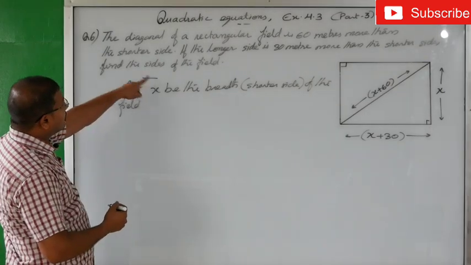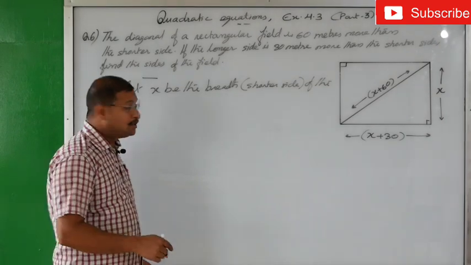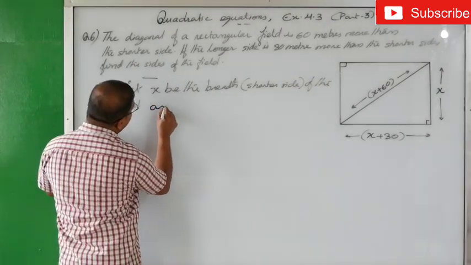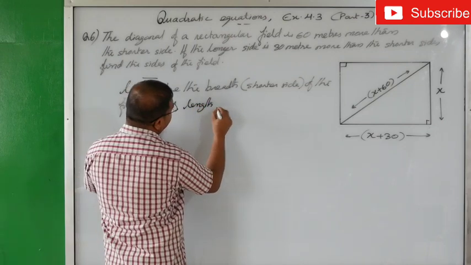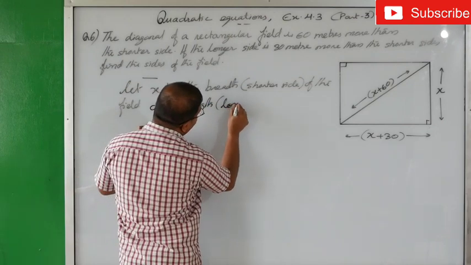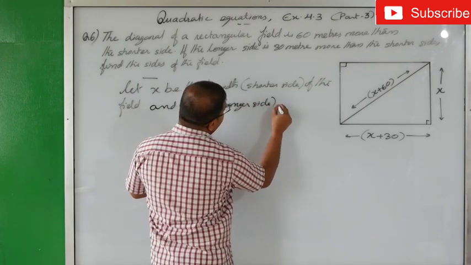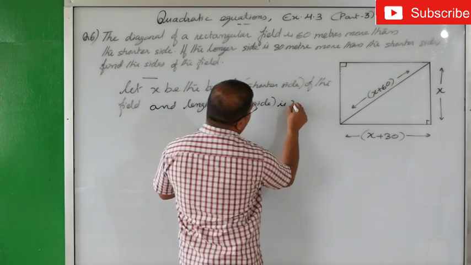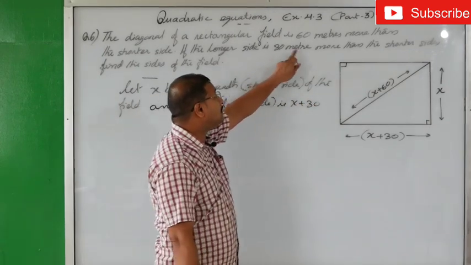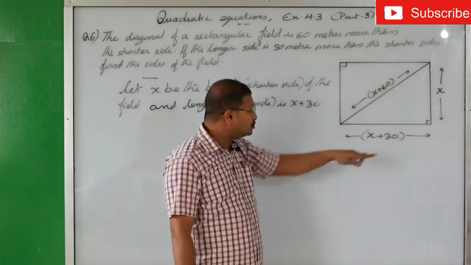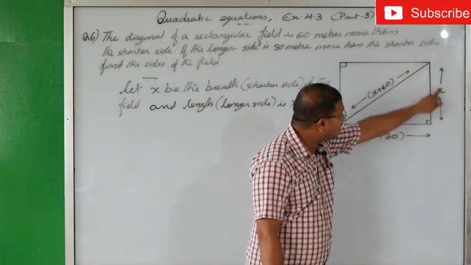And again after that what they given? The longer side is 30 meter more than the shorter side. So that means length, that means longer side, is x plus 30, because already given longer side is 30 meter more than the shorter. So length will be x plus 30 and breadth will be x.